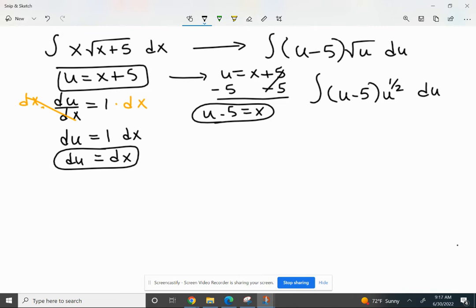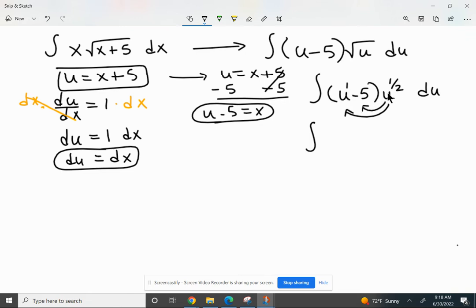To solve this, I want to get rid of those parentheses because I really want just a bunch of terms added or subtracted together. I don't like that multiplication going on, so I'm going to use the distributive property. I'm going to take u to the 1/2 times u, and u to the 1/2 times negative 5. U to the 1/2 times u to the first: when you multiply a power times a power with the same base, you add the exponents.